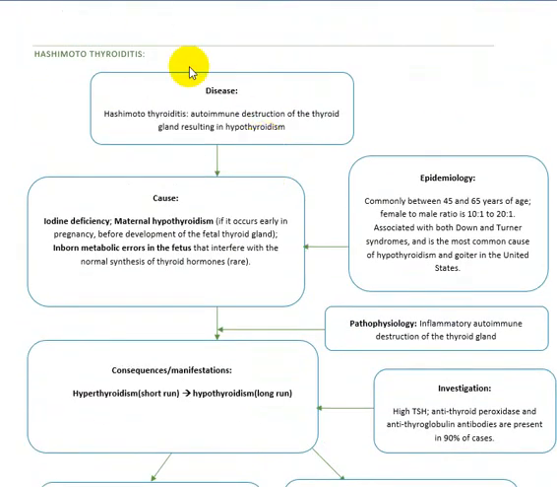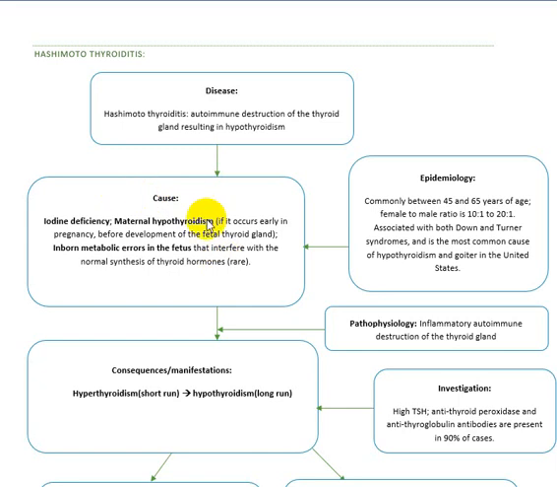Now, Hashimoto thyroiditis. Hashimoto thyroiditis is a cause of hypothyroidism, one of the two types. So now you have the cause of Hashimoto thyroiditis, which is not this one. This one is an error.